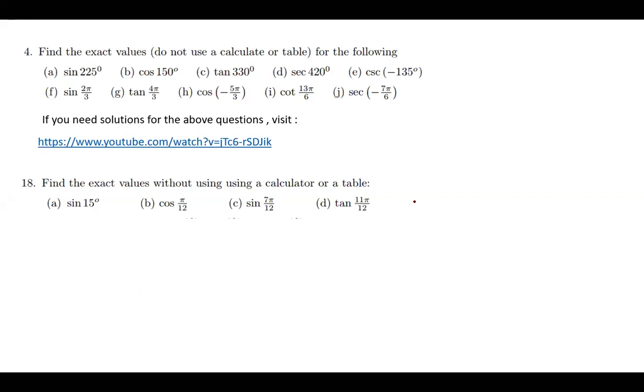I was saying for question 4, can't we just subtract, let's say, sine 225? We know 225 is in the third quadrant. Can't we just subtract? Since we know that in the third quadrant we add the angle.